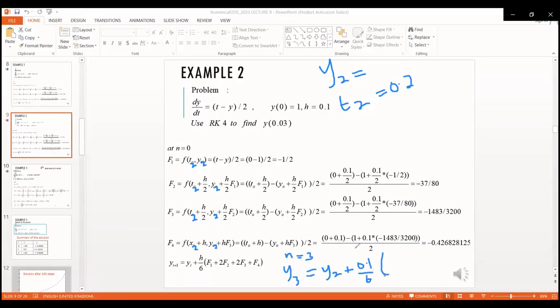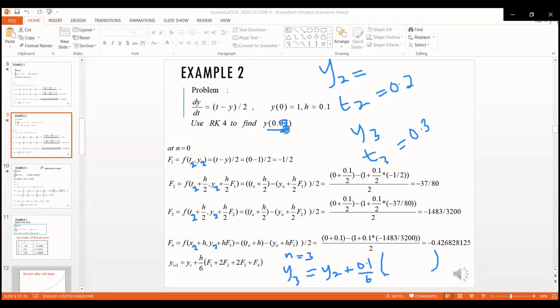Once you are done, the new values you get will be Y3 and T3, which is 0.3. In the question we're asked to find y at 0.3. So that is when you're going to end with your computation.